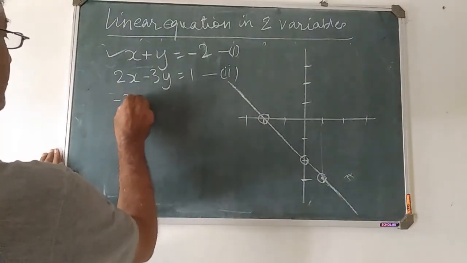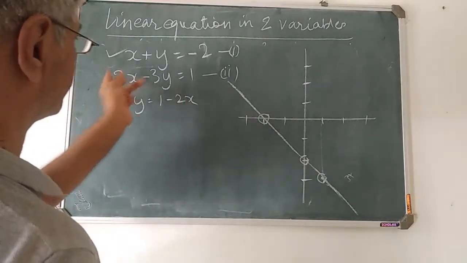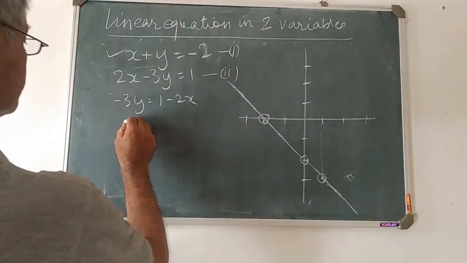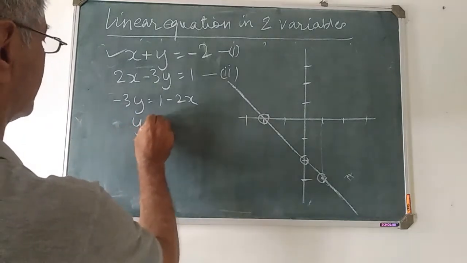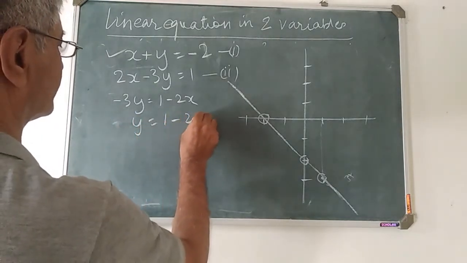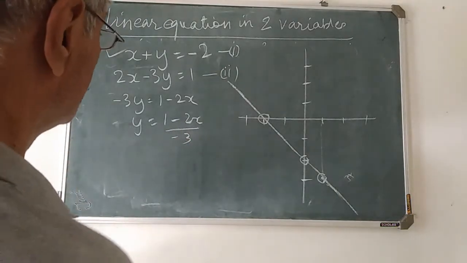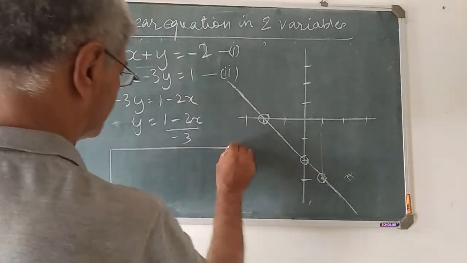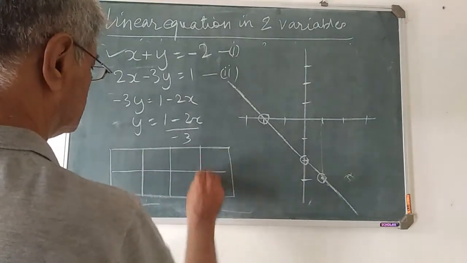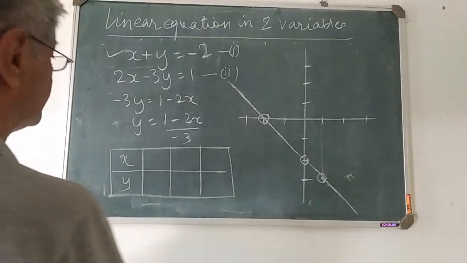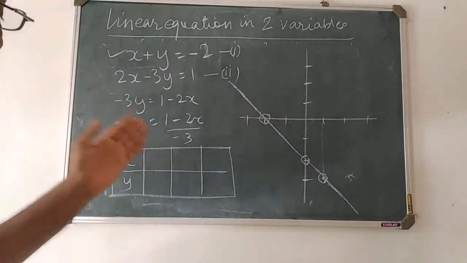So minus 3y is equal to 1 minus 2x. We brought 2x here. So minus 3y, so y is equal to (1 minus 2x) upon minus 3. Now let us make that block, x and y.